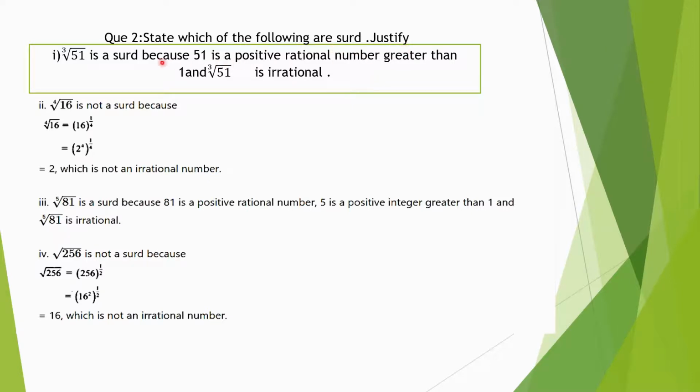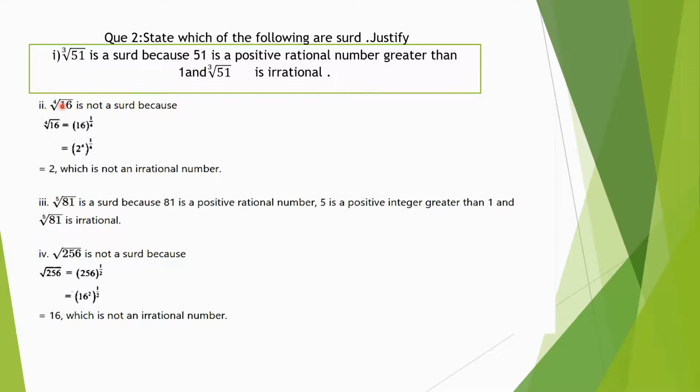Cube root of 51. It is a surd because 51 is a positive rational number greater than 1 and cube root of 51 is irrational. That means we cannot find the cube root of 51, therefore it is a surd. Second question, fourth root of 16.